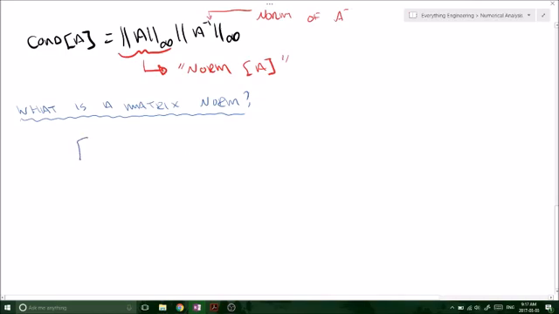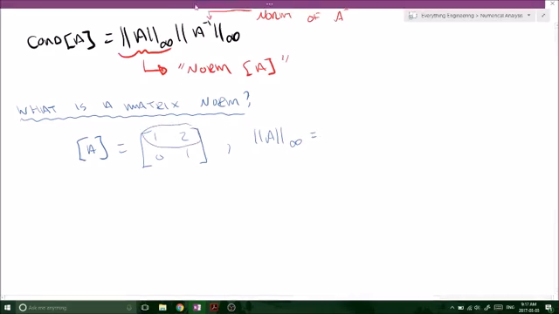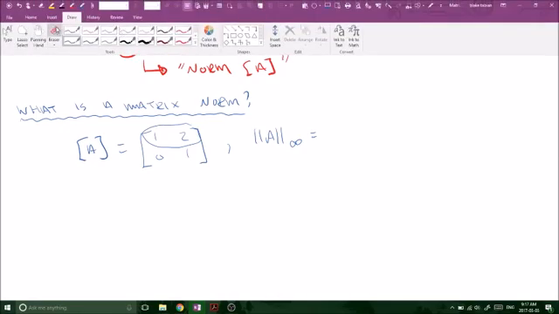A matrix norm is basically just the sum of the row that you're looking at. So for example, say we have a matrix A: 1, 2, 0, 1. The norm of A infinity is equal to the largest row sum of our system.